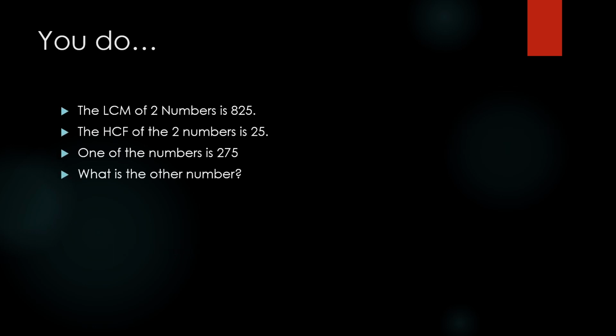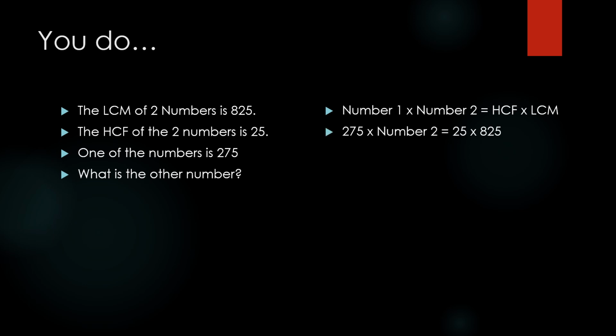So how did you do? This is the problem we had. Number 1 times number 2 equals HCF times LCM. We already know number 1, which is 275, and we know the HCF as 25 and the LCM as 825. We do not know number 2, and that is what we have to find.